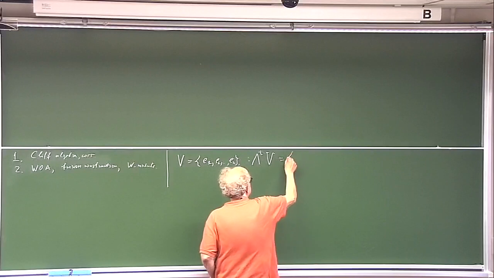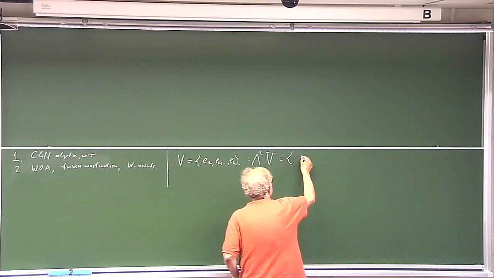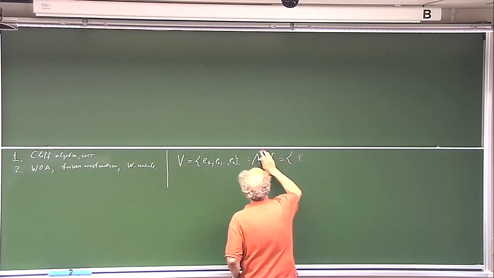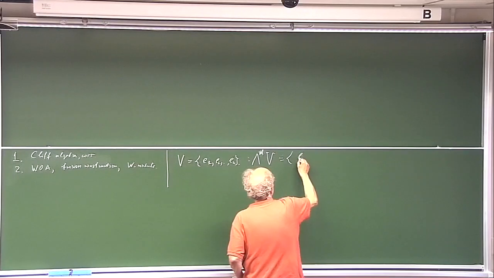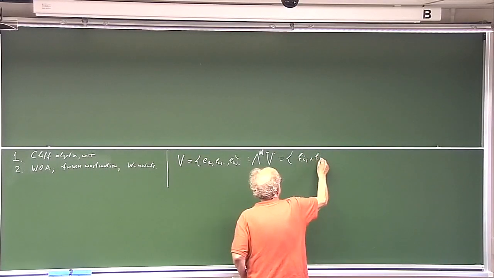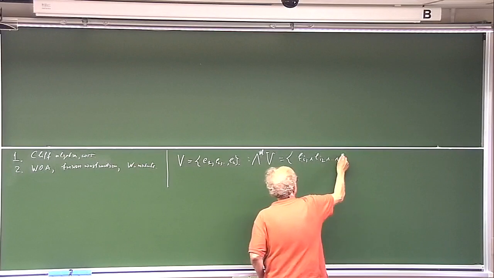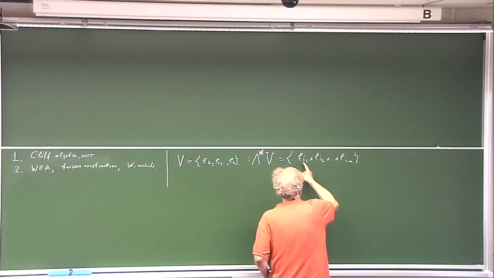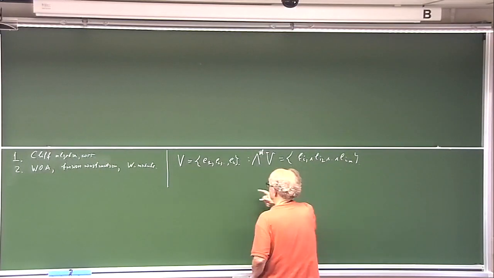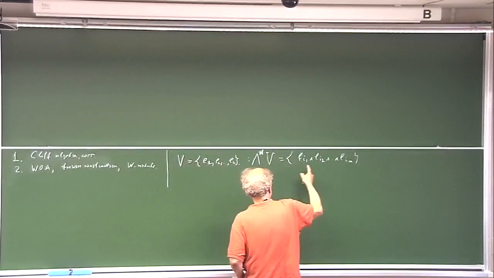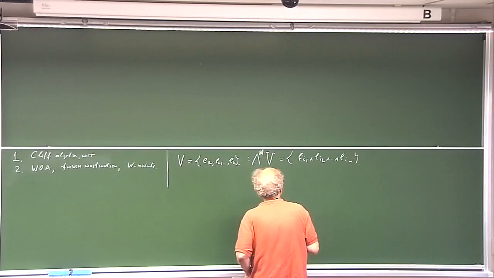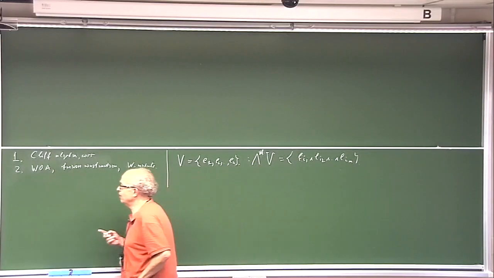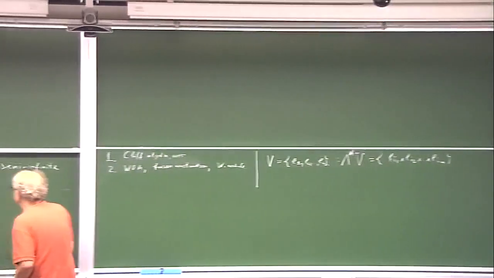Then if this space has a basis, maybe let us put H here, E1, E2, and so on, these indices run over 1, 2, 3, and so on, and these are bases in this space.